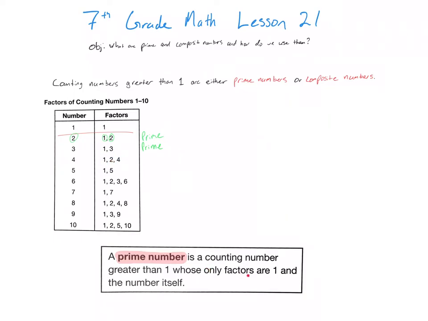It says the only factors are 1 and itself, so that would be a composite number. 5 is just 1 and 5, so it's going to be a prime. 6 is 1, 2, 3, and 6, so it's not just 1 and 6, so I'm going to call that composite. 7 is just 1 and 7, so that's prime. 8 is 1, 2, 4, and 8, so that's going to be composite. 9 is also going to be composite. And so is 10.